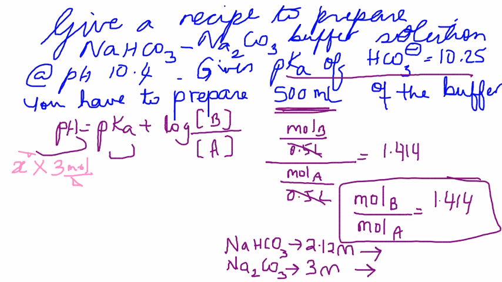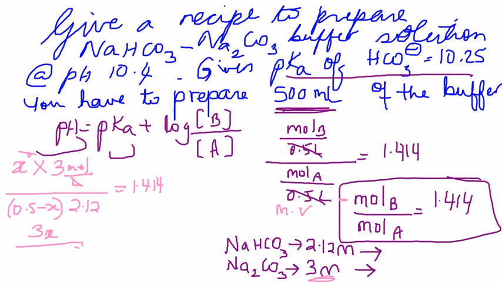So the liter and liter will cancel, divided by 0.5 minus X times the 2.12 is equal to 1.414. So your equation has started looking like 3x, which is the moles of the base. And how did I get that? Since I know molarity times volume gives you the moles. Volume is the one parameter that I'm trying to determine. Molarity was given in the question. So 3x divided by 0.5 minus x times 2.12.